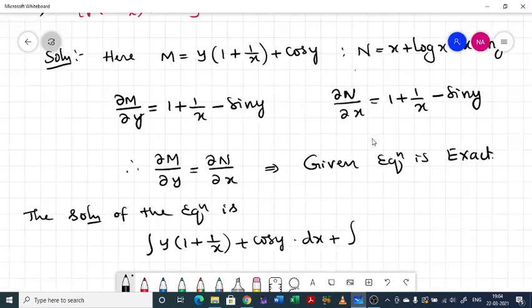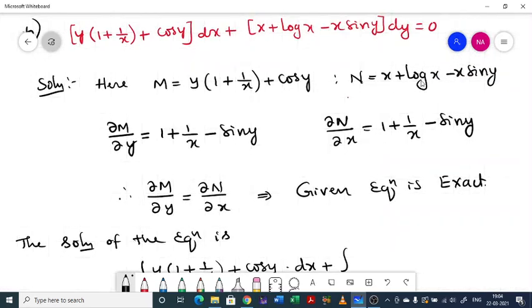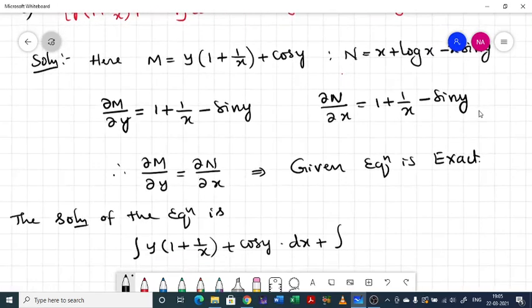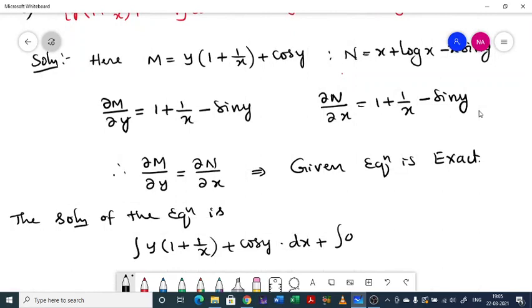If you look into N here, there is no term that is not containing x. First term x, second term log x, third term also contains x. So N of y is 0, into dy equal to c.